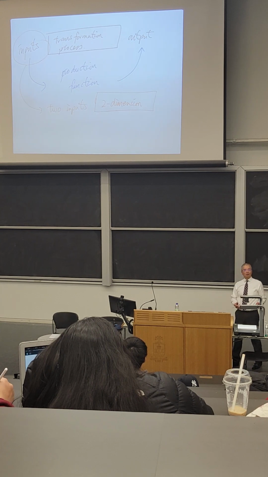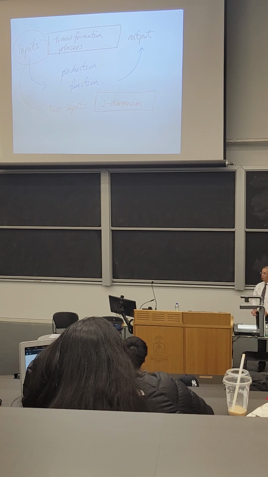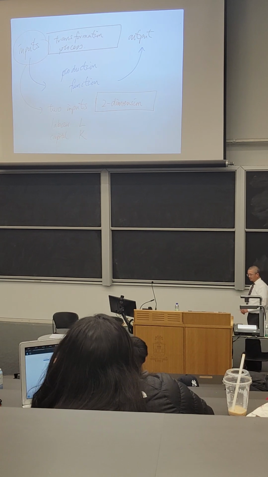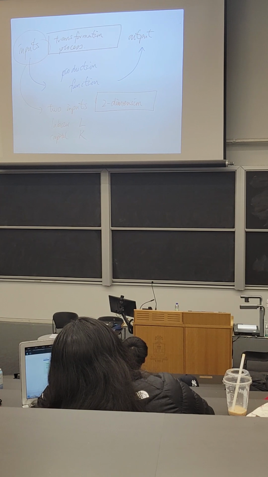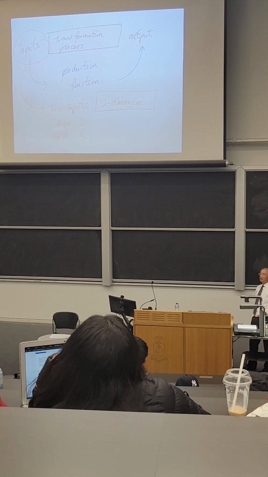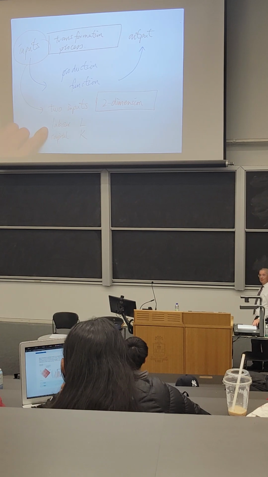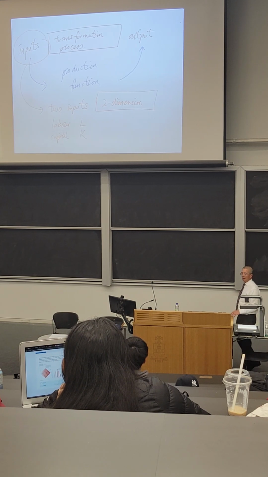And the paper is two-dimensional, so it limits how many inputs we can explain using this model. That's why we get only two. And the two most important inputs, labor and capital. Workers and machines and factories. So capital typically you can think of as the machines and factory buildings of the firm. Labor input, workers the firm hires.